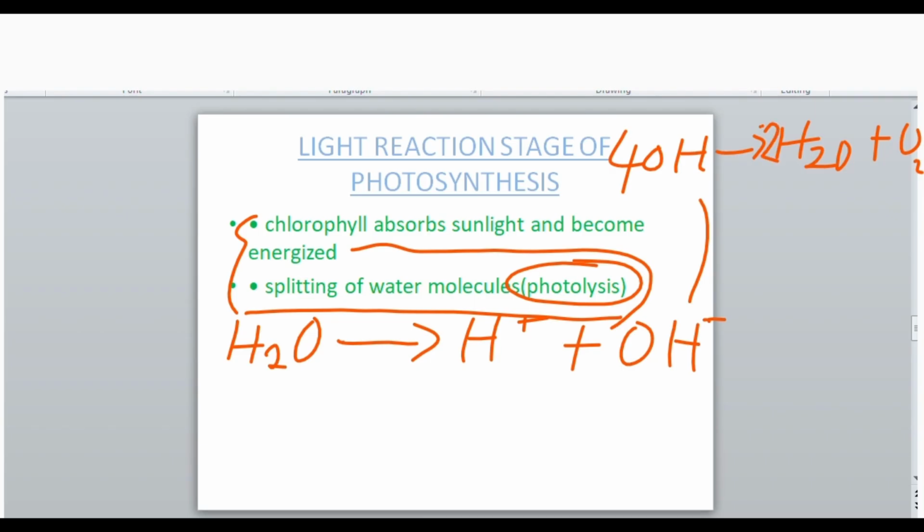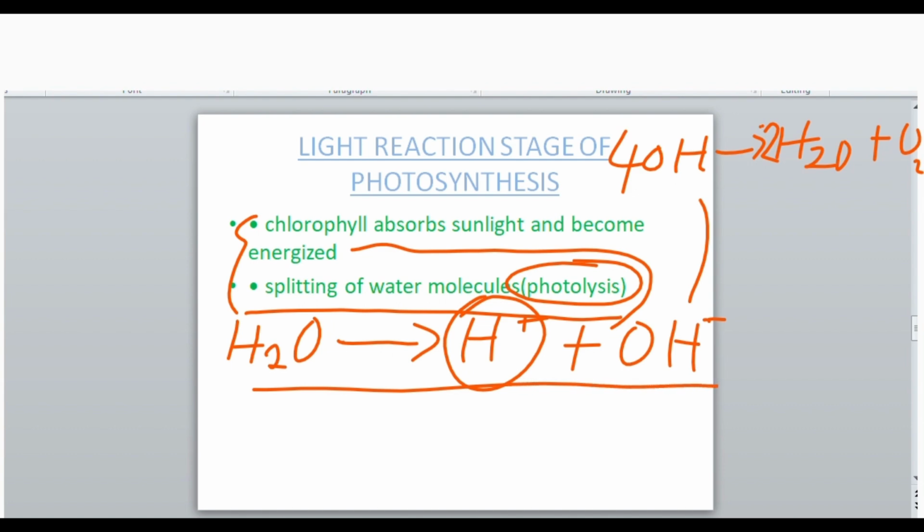Now, the hydrogen ion is used as a reducing agent in the dark reaction stage. Note that the energy, which is the sunlight, acts as a catalyst in this process.